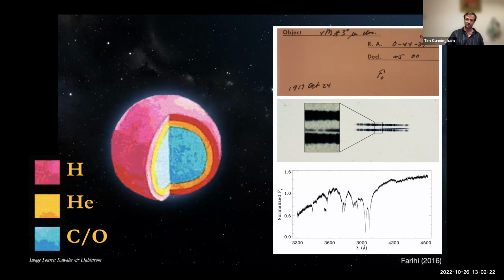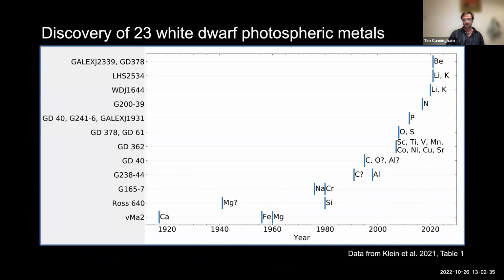And I'm showing the spectrum here. We've got calcium H and K lines, magnesium and iron absorption features. So this was the first evidence of exoplanetary material in the atmosphere of white dwarfs. Since then, we've now had 23 unique metals detected in the photosphere of white dwarfs, including those necessary for formation of crust material on planets, as well as things required for life as we know it.